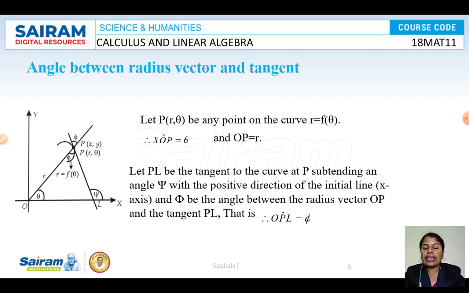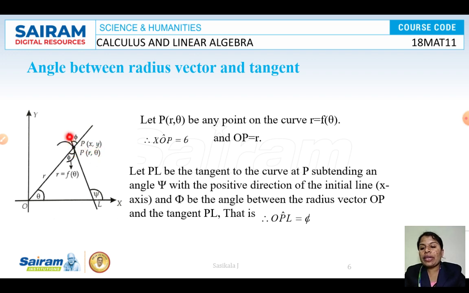So first you can see the graph. I'm taking the XOY plane. In the XOY plane, I'm going to draw the curve which is r is equal to f of theta. And the point from the origin or pole O, extended till that curve, I'm considering as P. It is r comma theta as well as x comma y.